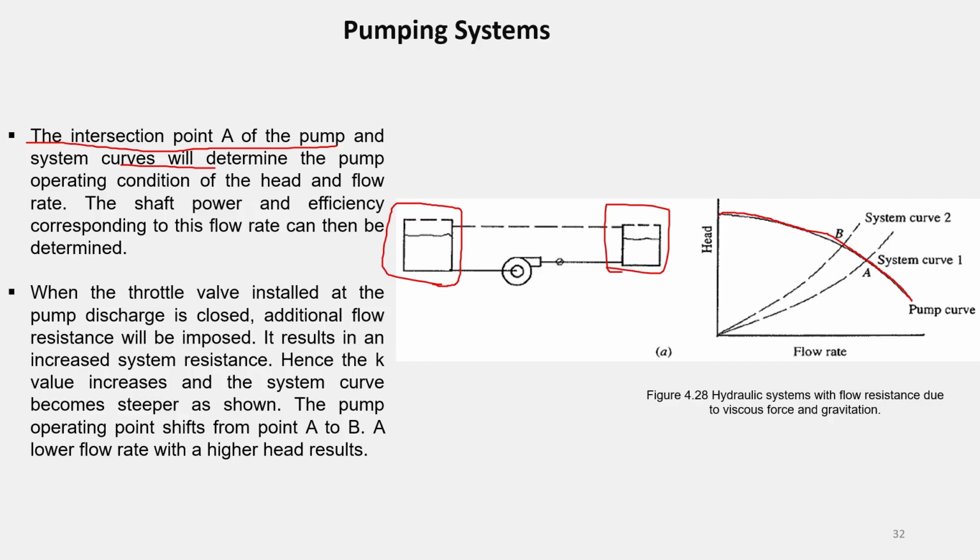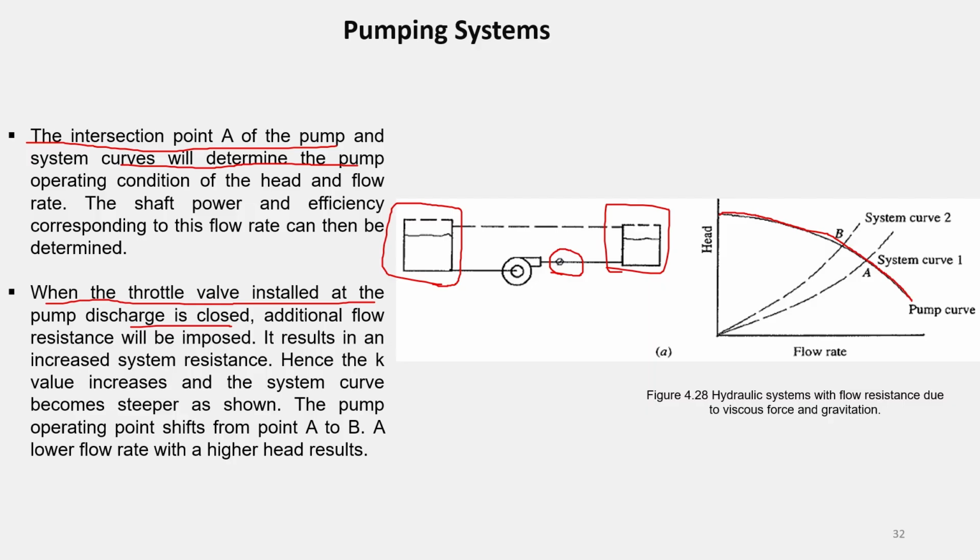Intersection point A of the pump and system curve will determine the pump operating condition of the head and flow rate, the shaft power and efficiency, etc. When the throttle valve installed at the pump discharge is closed. So let's say that we have a throttle valve here, and one time the throttle valve is open.